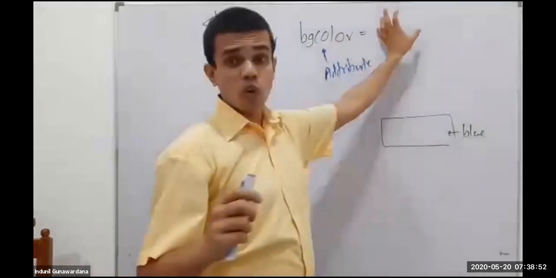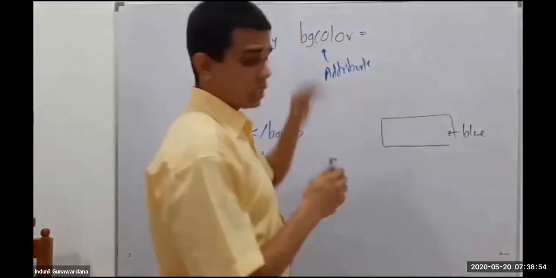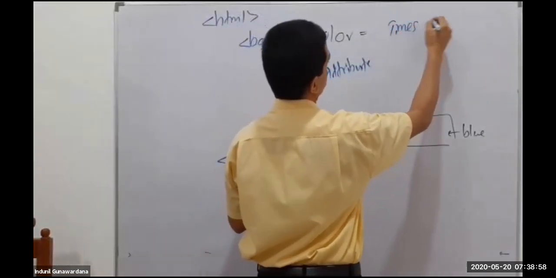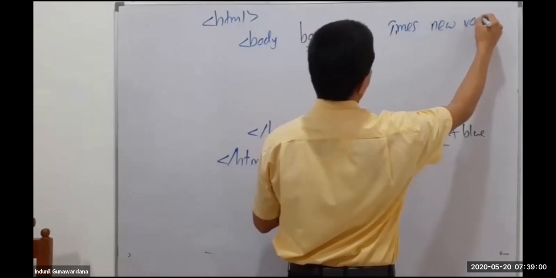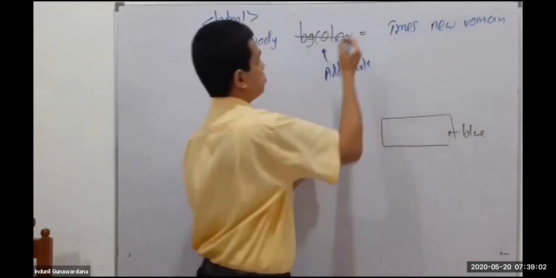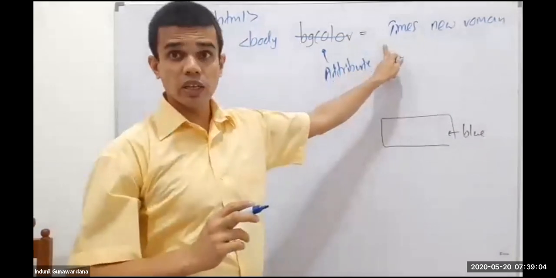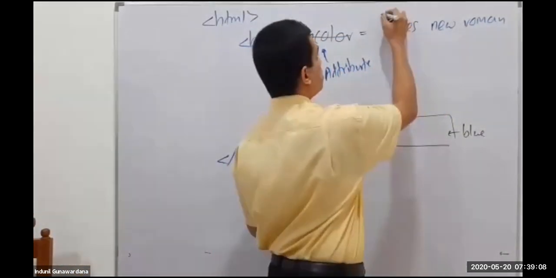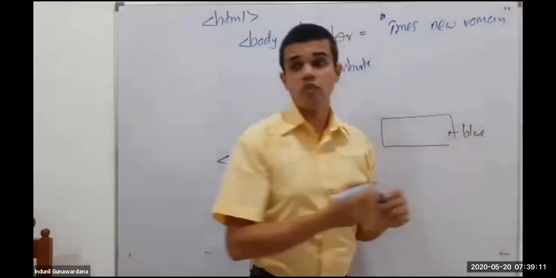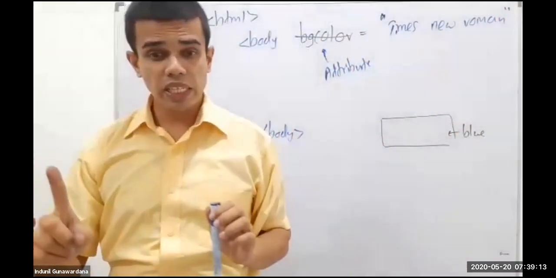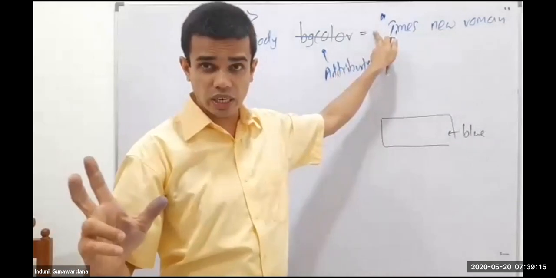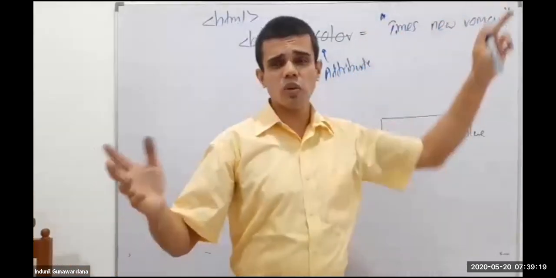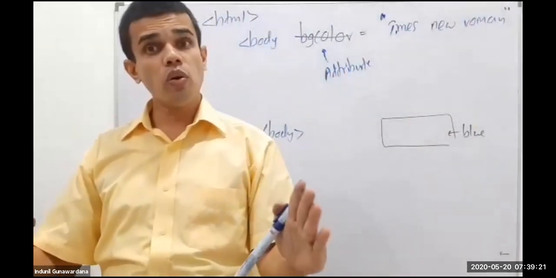But if your value is more than one word, say we are going to set a certain font, just like Times New Roman, which is not valid for the BG color, that's my value, and it is more than one word. Now double quotes are a must. If not, it won't work. That's the place where double quotes are essential. But for your benefit, I told you to use double quotes in any case, then no problem at all.